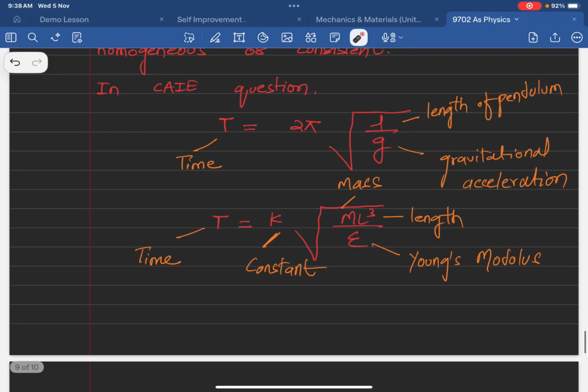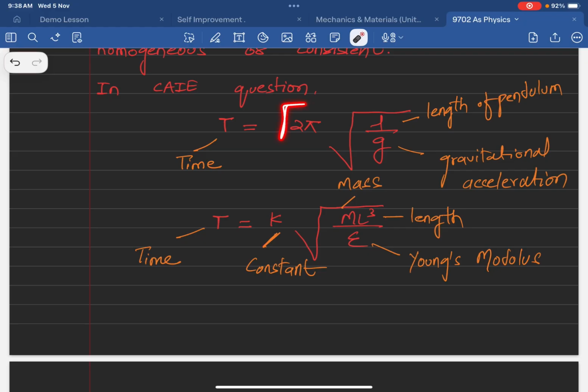If a constant is written with a name, it may have a unit or it may not have a unit, and we have to check whether it has a unit or not. If an alphabet is there, we will check it.